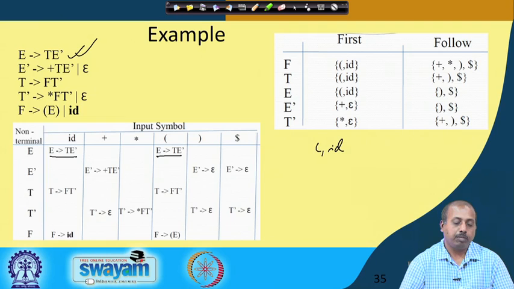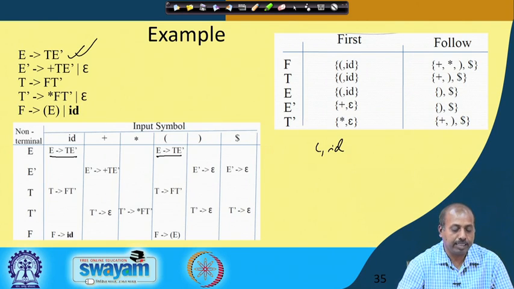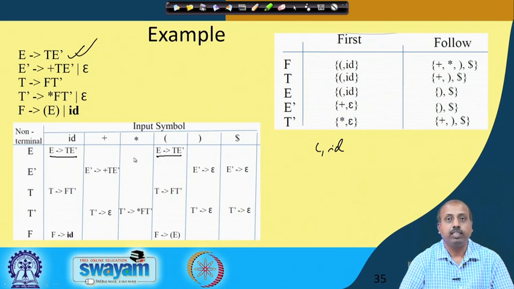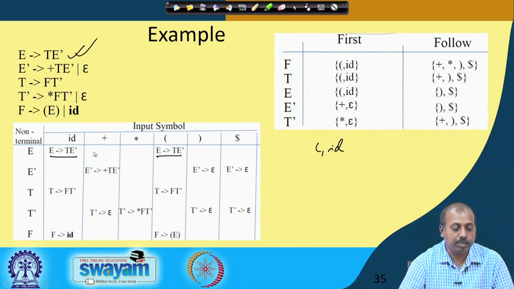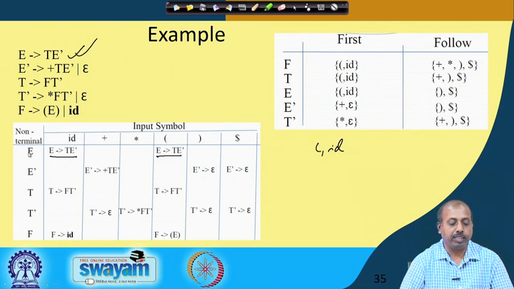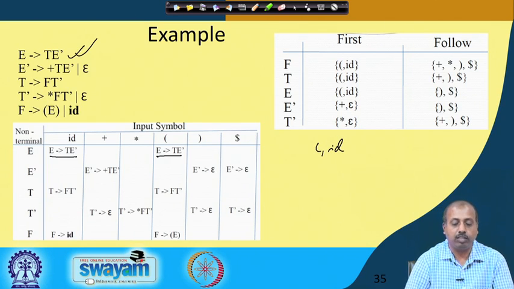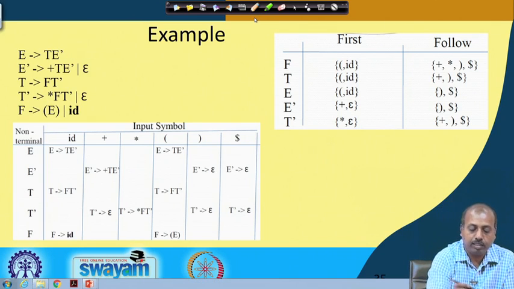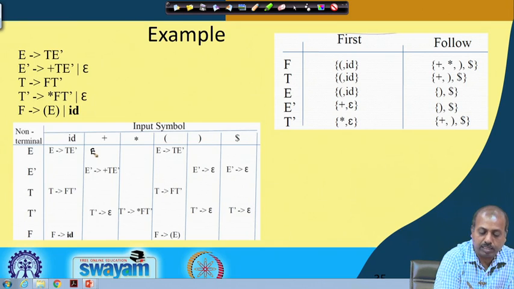Now, we can produce the other entries, like all these entries which are left blank. They are actually error entries. Error entry means that if you have non-terminal E and the next input symbol is plus, then on E you cannot get a plus. So, this is an error. All these entries can be marked as error.